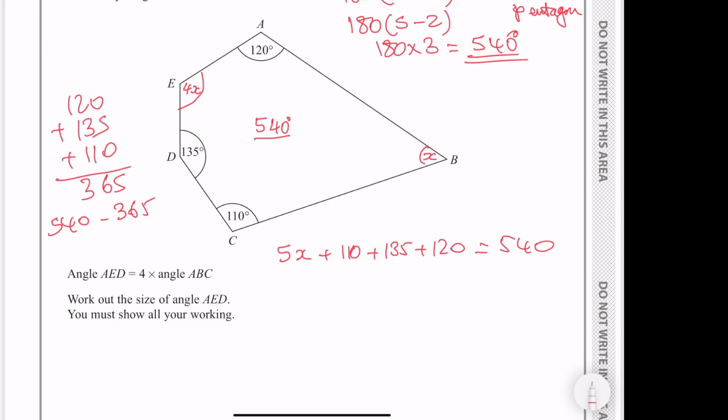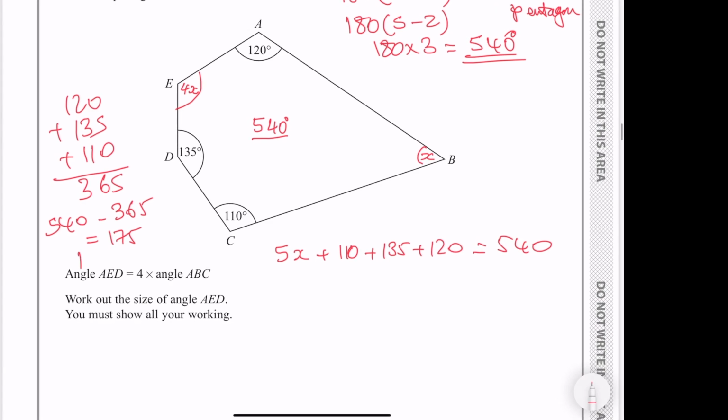The answer is 175, and then you divide it by 5. Okay, so that's here without using any algebra, yeah?